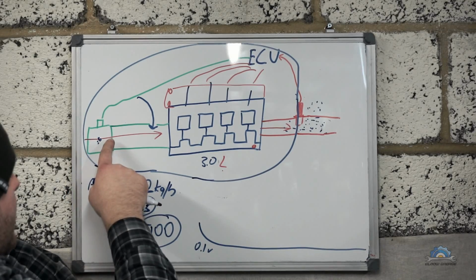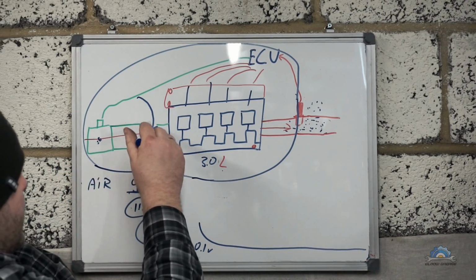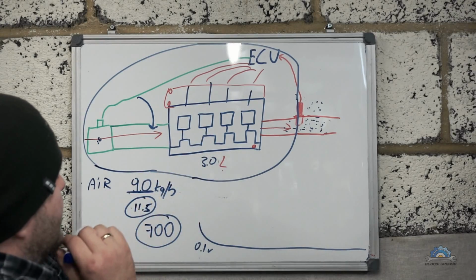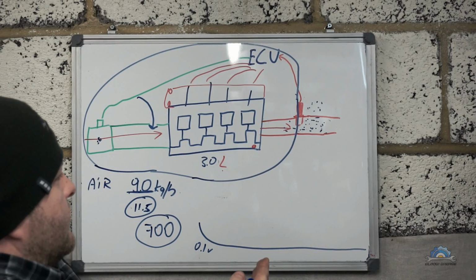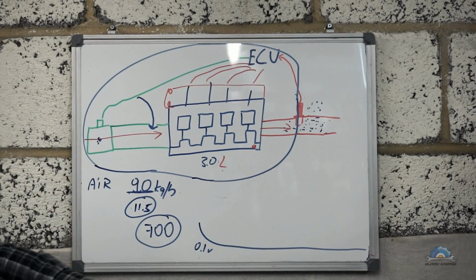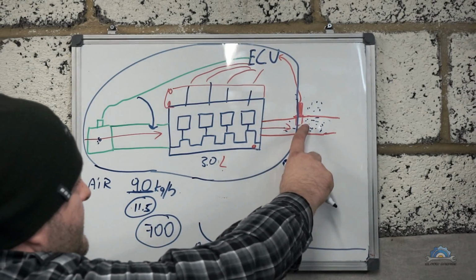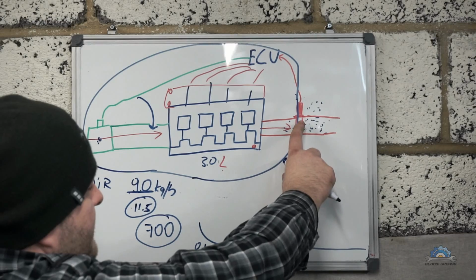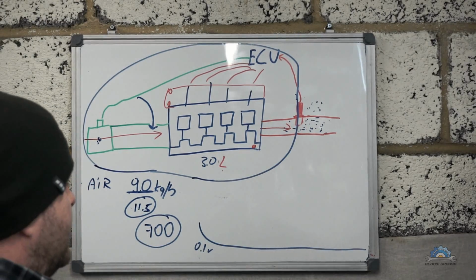It's not passing the MAF, so the MAF is not able to read that, but there's still air going into the engine. That's why the O2 sensor's job is to sense the condition of the air and fuel mixture. It's very simple. So the ECU is getting readings from the O2 sensor to correct the situation.